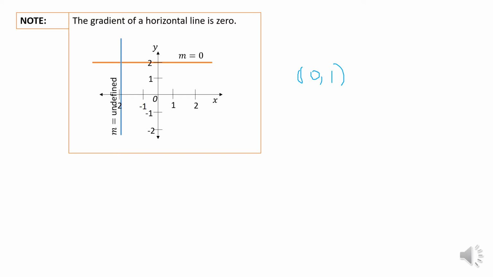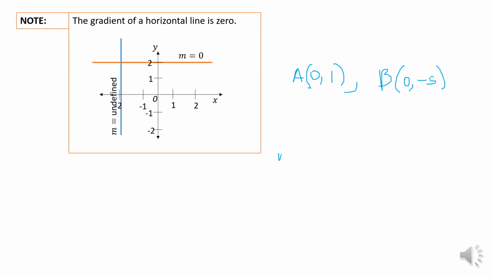This is my point A, for example. And my point B is the point 0, let's say, -5.